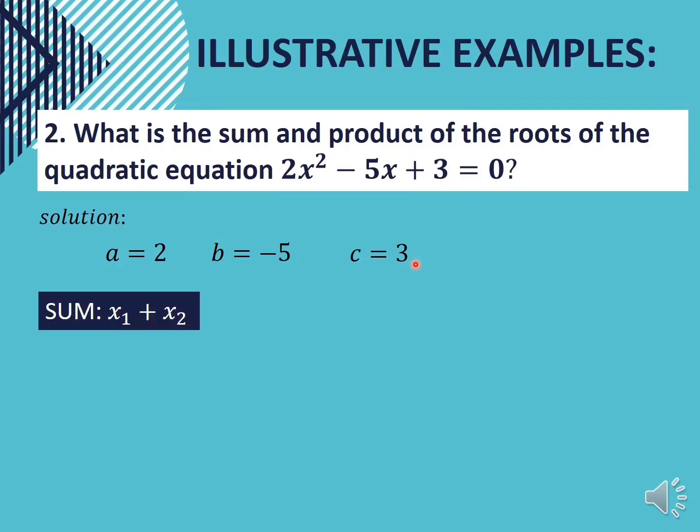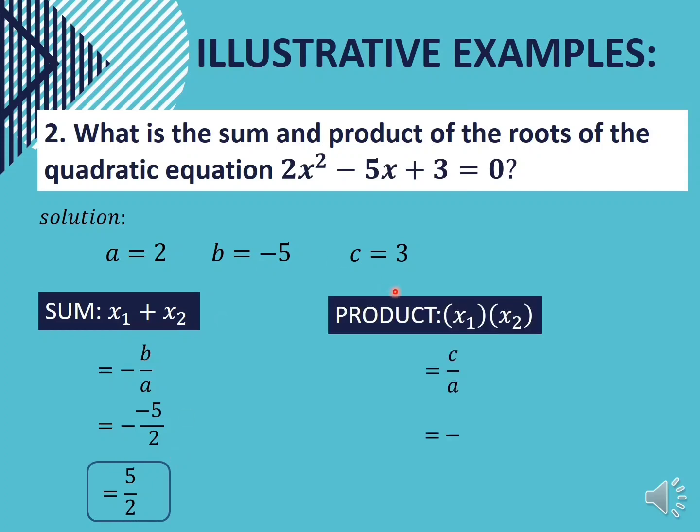Now, the formula in finding the sum of the roots, we have negative b over a. Negative, what is b? We have negative 5 over a is 2. Now, simplifying, negative times negative, that is equal to positive 5 over 2. So, the answer or the sum is equal to 5 over 2. How about the product?